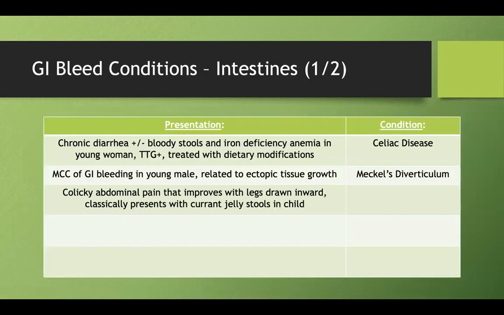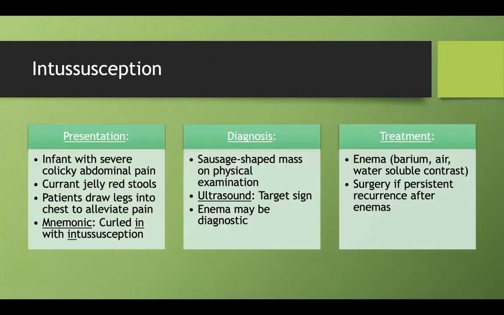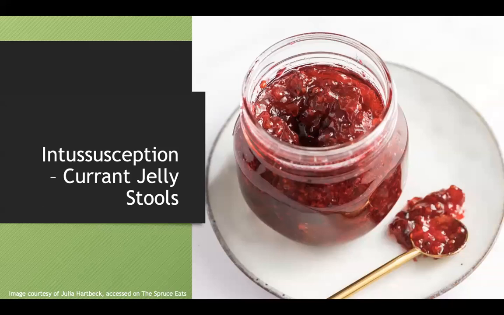What if you get colicky abdominal pain that improves when the legs are drawn inwards, and you'll see this as currant jelly stools in a child? So this is describing intussusception. And again, from our small intestine lecture, I just want to mention that you can get currant jelly stools from this disease.